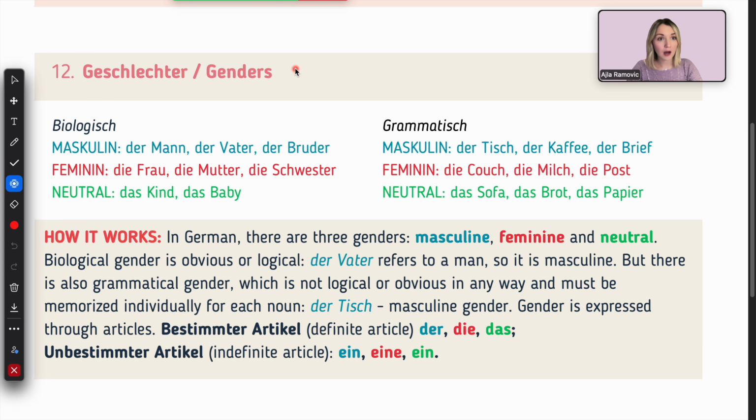So every noun is either masculine, feminine, or neutral, and this is actually what makes the process of learning nouns so difficult, because for every word that you learn, you also have to remember its gender, and this can be really stressful and overwhelming at the beginning and even later on. So today I just want to give you some tips to make it a bit easier for you.